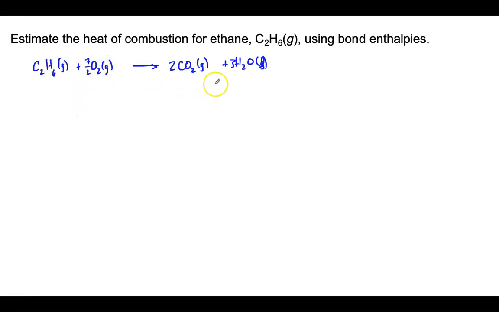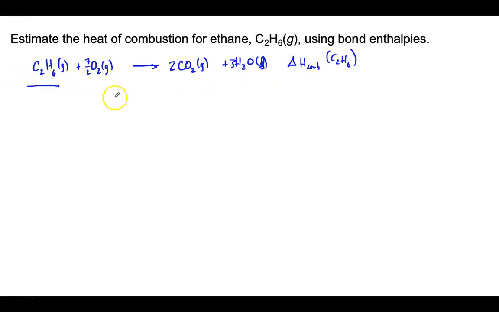Now, normally, if I was just balancing reactions, I would double everything to make this a whole number, but I'm looking at what the energy is when I burn 1 mole of ethane. So I want to know delta H of combustion for ethane, so I'm going to do 1 mole of ethane and leave these all that way.